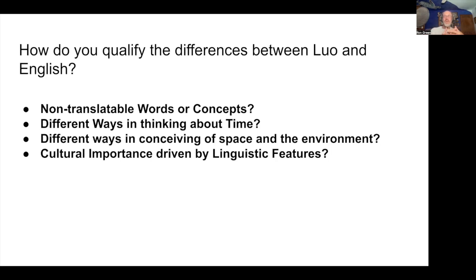So again, what words are non-translatable? What concepts are non-translatable? It's a concept that's unique to Luo that you would say in Luo, but you don't really ever need to say it in English. Or it would take many, many, many words to say the same thing that in Luo takes one or two words, or vice versa. What are concepts in English that in Luo there aren't really words for?